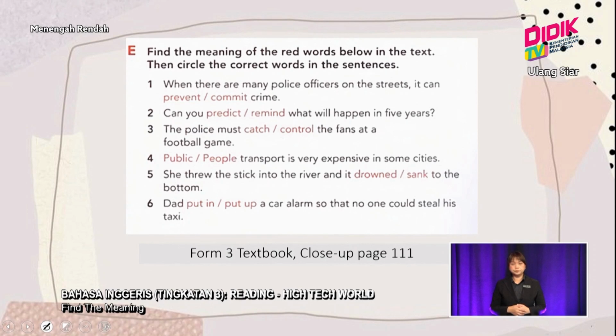Okay, everybody, let's not waste time. There are 6 sentences there. Look at them and circle the correct words in the sentences to match the meaning. This is actually a good practice because when you answer a reading text, nowadays the way the question has been designed, for your information, Shafiqah, is not the way it was when you sat for your SPM English language exam.